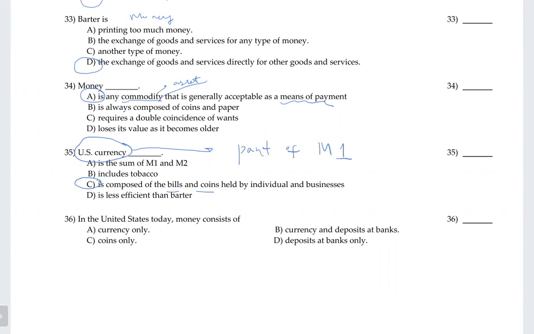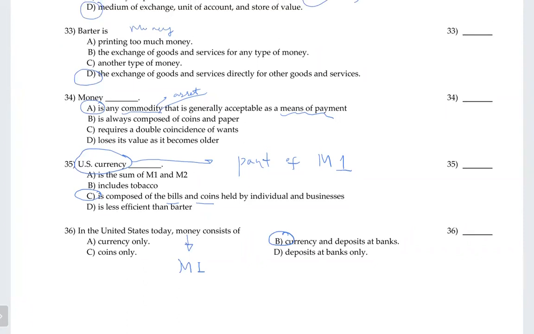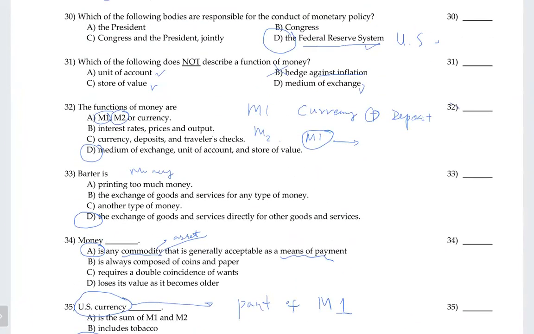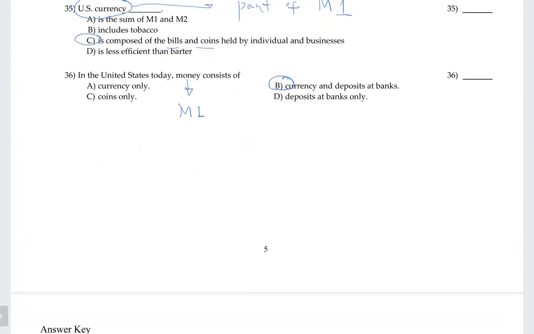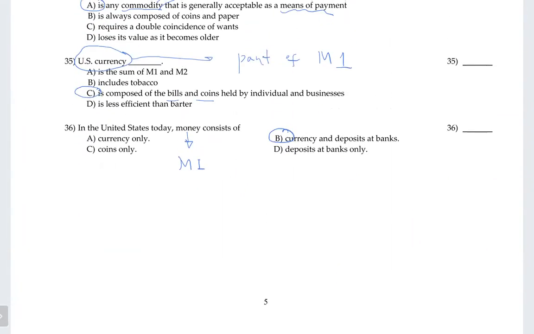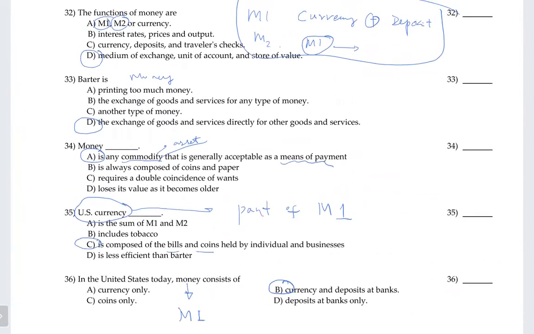All right. Now 36. In the US today, money consists of, the answer is B. So here money, we actually refer to M1. Right, so by the way, here I just gave you the definition, M1, M2. Right. So that's up to now. So we have quickly finished the review. Okay.